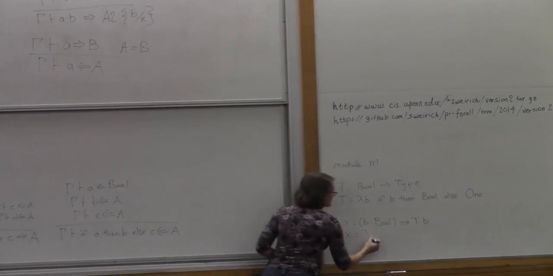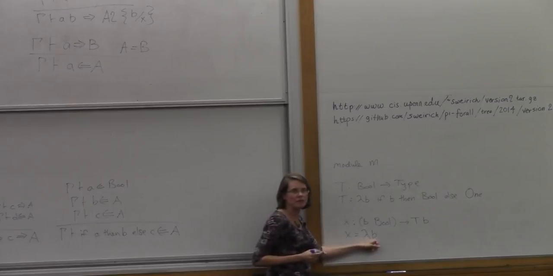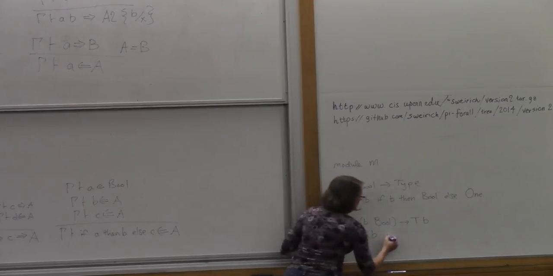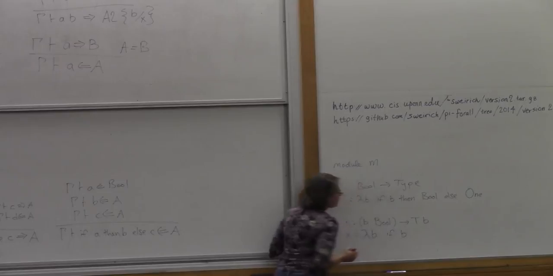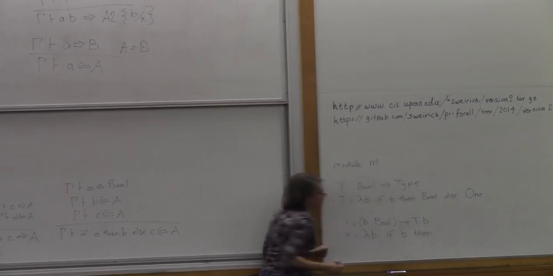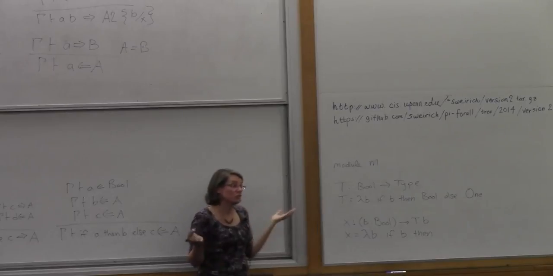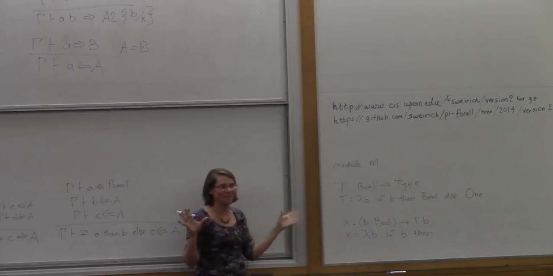X is going to take some Boolean argument. And if B is true, then what should it return? False or true, it's got to return some Boolean value. So false, that sounds great.